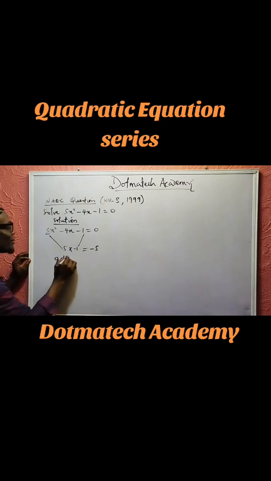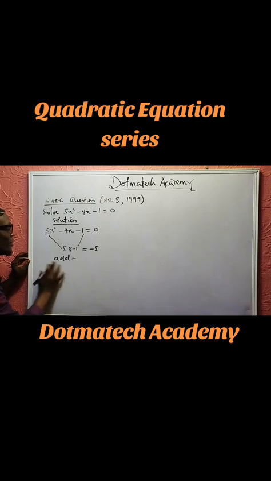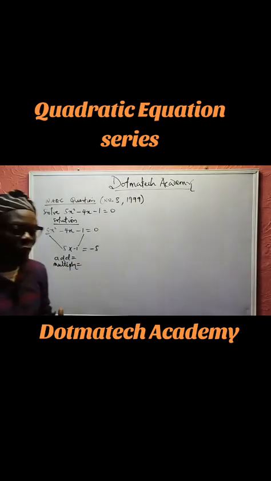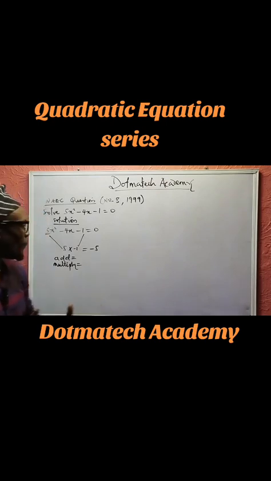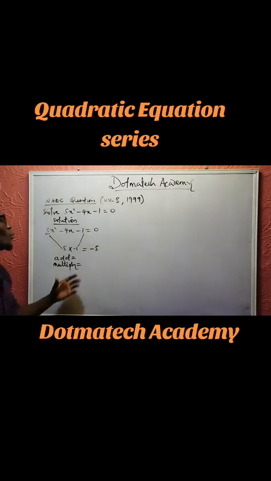So we're still using the same thing, add and multiply. You think of two numbers, whether negative or positive, that when you add them give you minus 4, and when you multiply them give you minus 5.